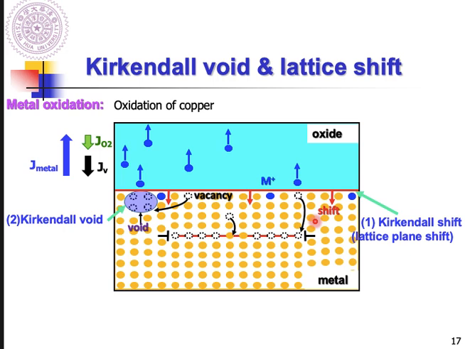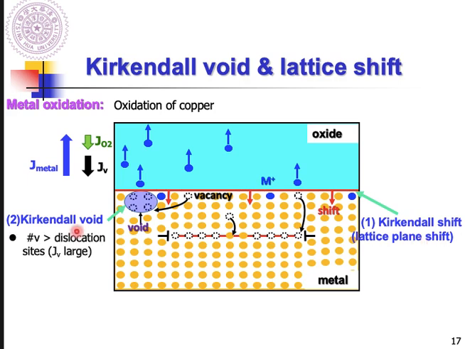So in this case, you know how the void forms and how you can observe the plane shift. But the next question I'm going to ask you is, in what kind of condition do you have a chance to observe more voids instead of plane shift?